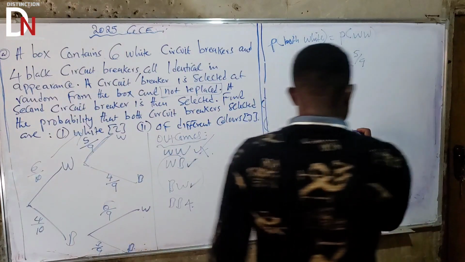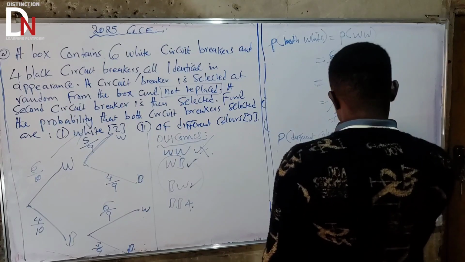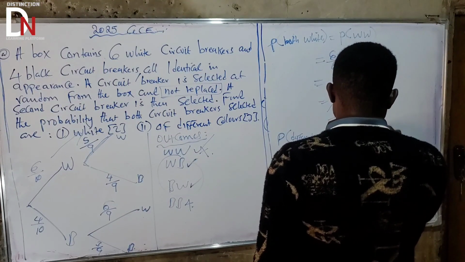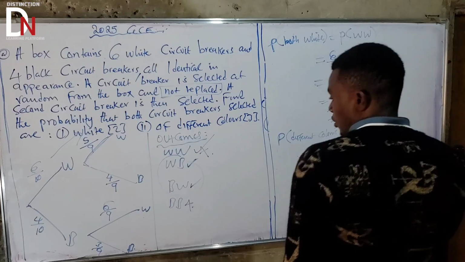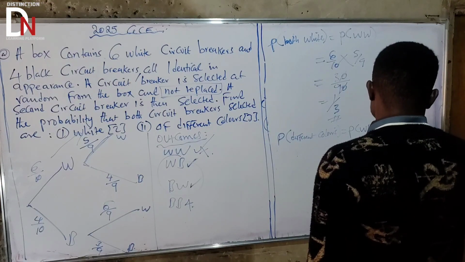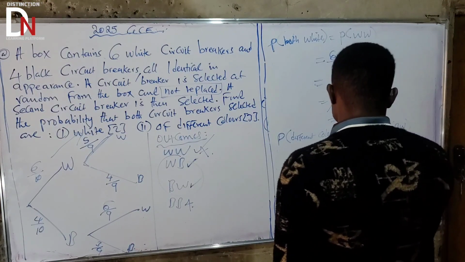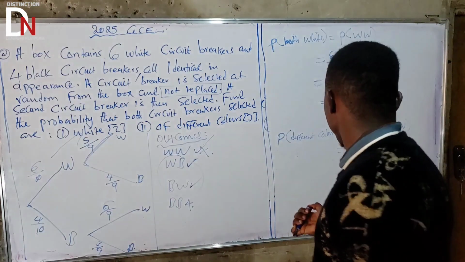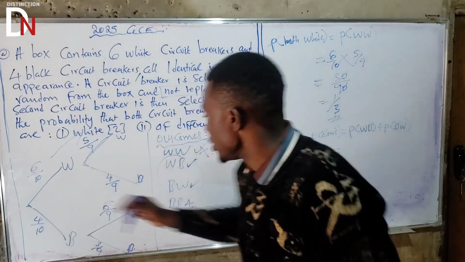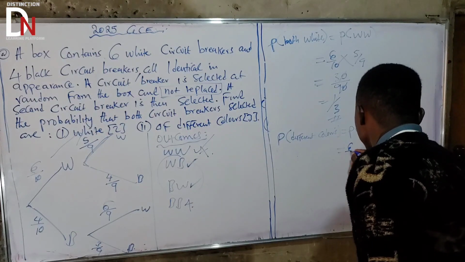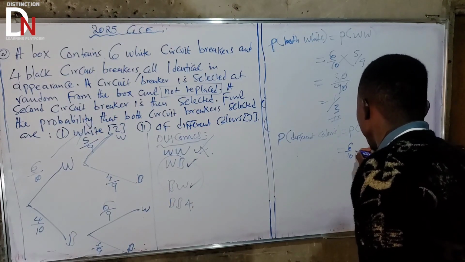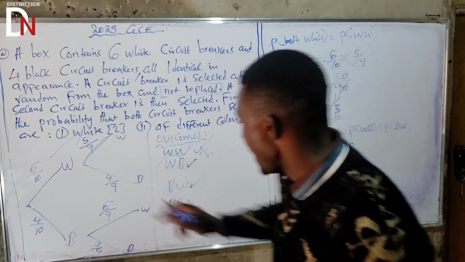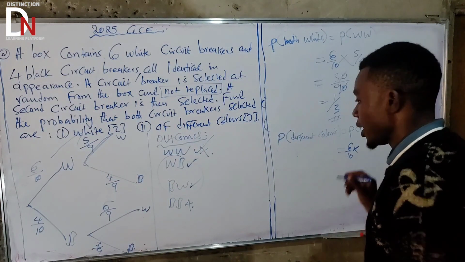So I would say probability of white, black, plus the probability of black and white, like that. Okay, great. I can substitute. My white is 6 out of 10. Okay, I'm going across. Remember, this is white, black. I'm supposed to multiply, like that.